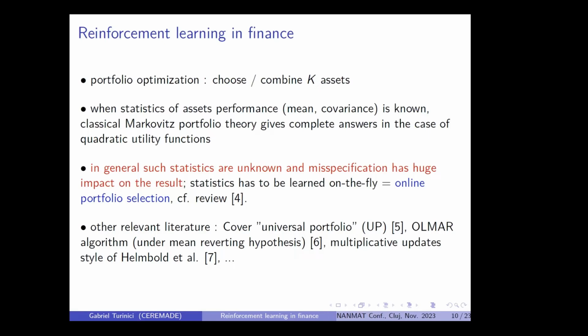But in general, the future is unknown, and it is not reasonable to suppose you know these statistics. The past gives some indication of the future, but it's not easy to predict. Moreover, in this theory, as in many others, misspecification has a huge impact on the result. If you don't have the right values, you may end up losing very much.